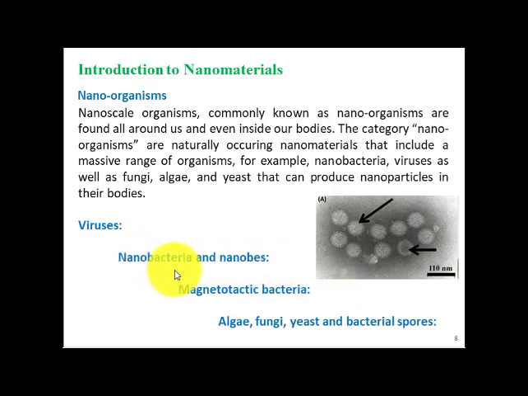Next, the second one are nanobacteria and nanobes. Generally, bacteria will bind to soluble toxic heavy metals and precipitate them to their surface, producing metal nanoparticles. These are called nanobacteria, which are highly useful in the biosynthesis of low toxicity nanoparticles.